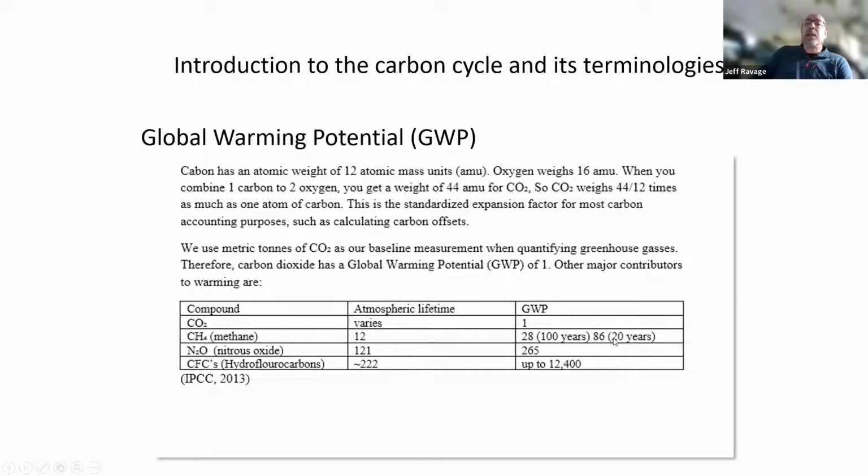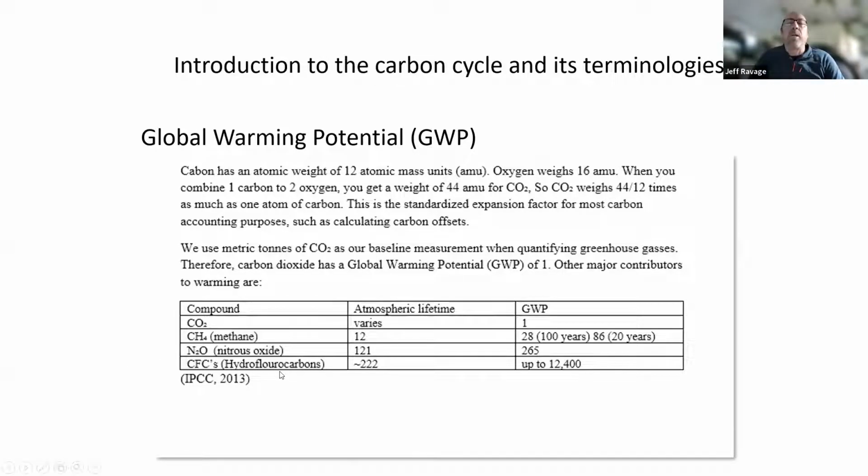When averaged over 20 years, its global warming potential is 86 times that of carbon dioxide. Nitrous oxide lasts for 121 years in the atmosphere, and it has a global warming potential of 265 times the warming potential of 1 molecule of carbon dioxide.